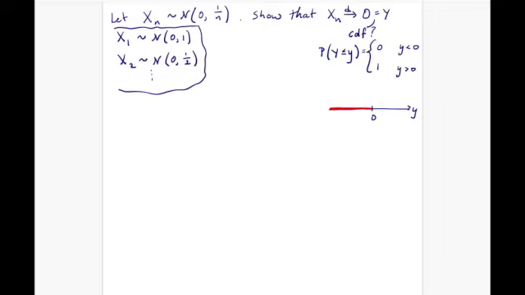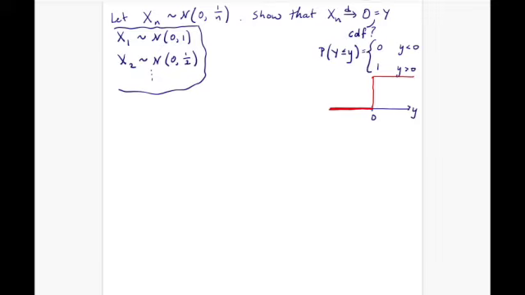And then, since the random variable is 0, we jump up at 0, and the probability that y is equal to 0 is 1, right? That's the whole distribution. And anytime our little y is greater than 0, we are at 1. So that's what our CDF will look like for the target, the random variable y equal to 0.